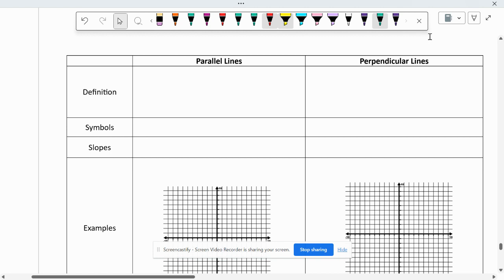Okay, so definition of parallel lines. We already talked about that this morning.